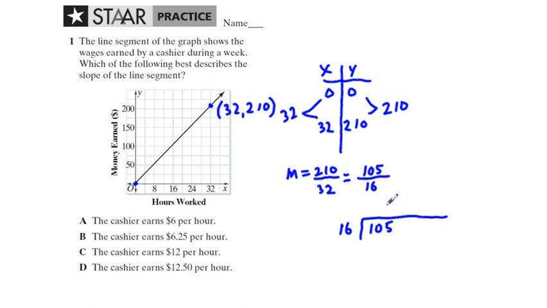Well, I trust it's going to be 6. And then 6 times 6 is 36, and 6 times 1 plus 3 is going to be 9. And so we have 105 minus 96, or 9. And we have 16 divided by 90, which is going to be approximately 5 or so.